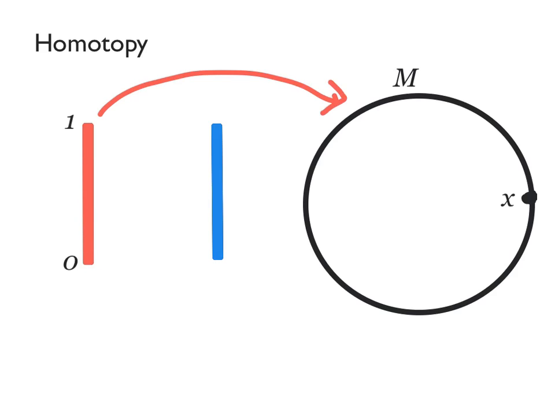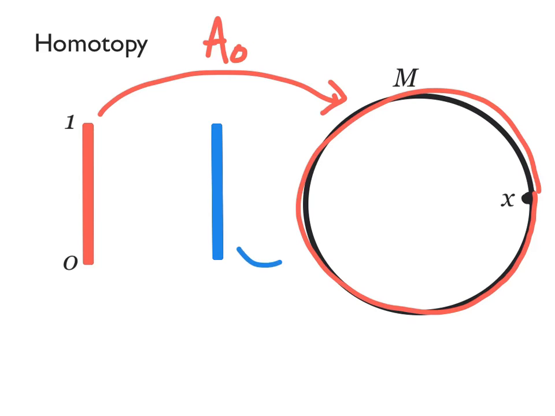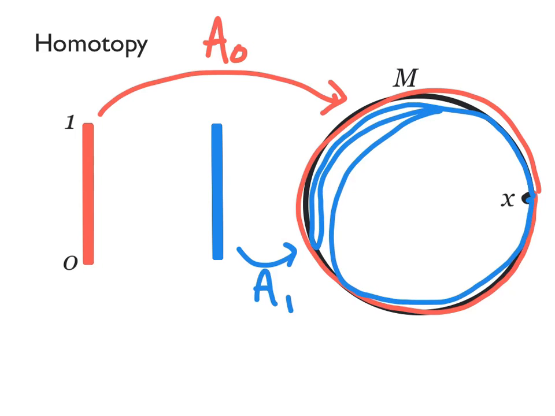Let's say one of the loops is A0, maybe that's this one. And one of the loops is A1, and that's maybe one of these funny ones that jumps back on itself and comes back like this. Okay, so we've got two continuous maps from the interval to M based at x.